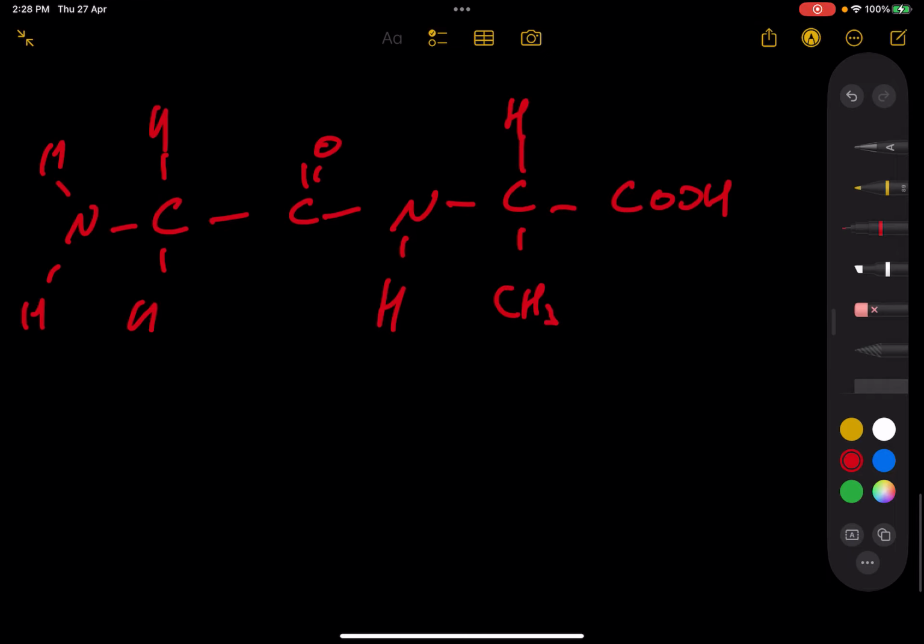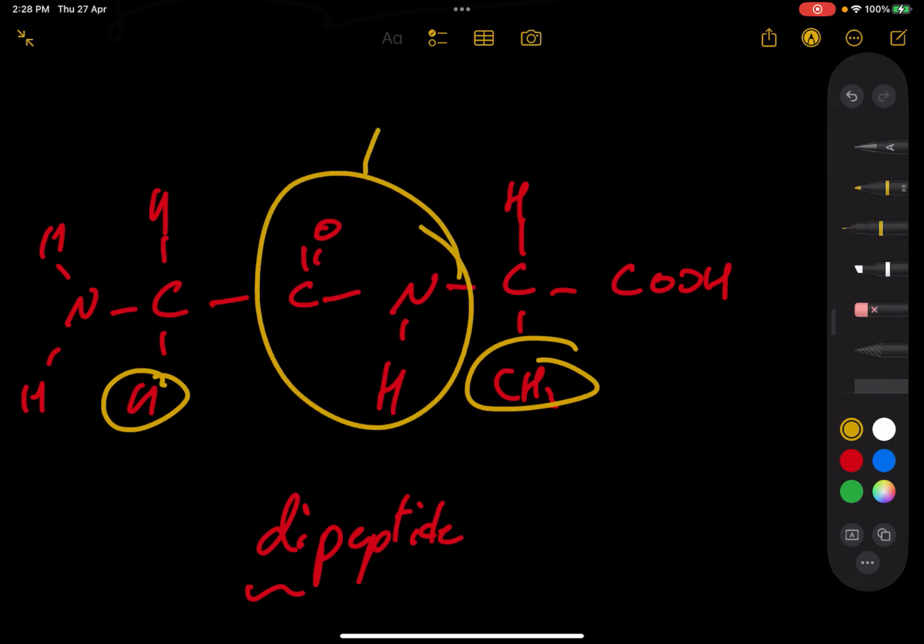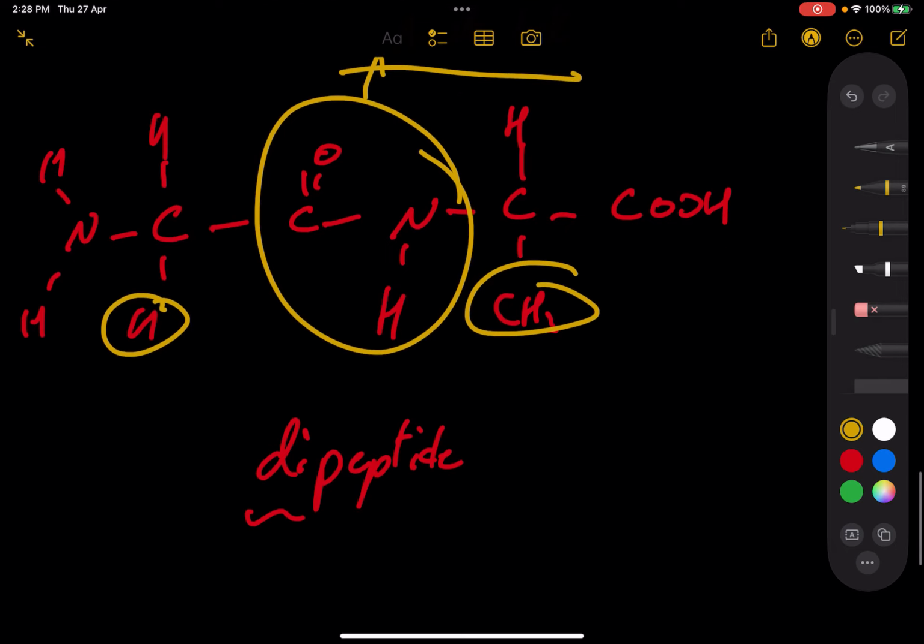It is called a dipeptide. Basically, I combined glycine with alanine. The important part is the amide link. That's why proteins are polyamides.